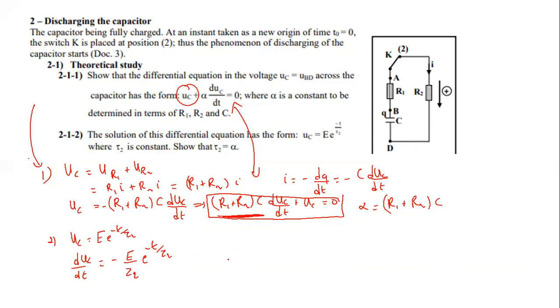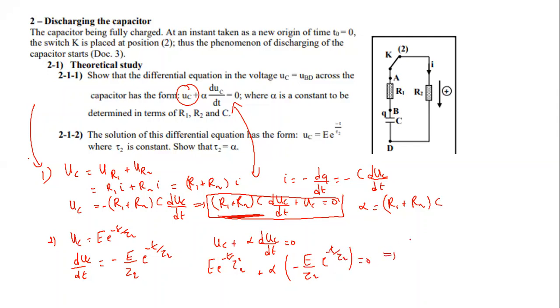So by substituting in the differential equation, we'll get UC plus alpha duc over dt equal to 0. I do the substitution: E to the power minus t over tau2, plus alpha times duc over dt, which we already found, so minus E over tau2 e to the power minus t over tau2, is equal to 0.